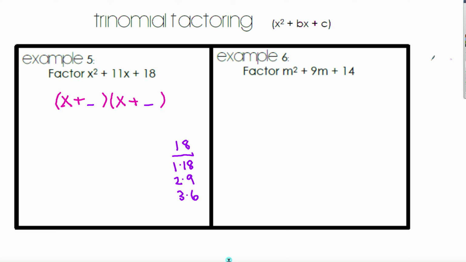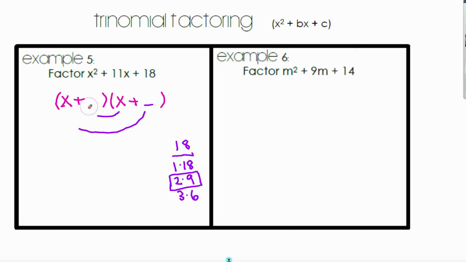But I know when I do my outer terms and then the inner terms, I want them to combine to get 11x. So I look and say, which one of these would combine to give me 11? They all have a product of 18, but 2 and 9 would combine to give 11.